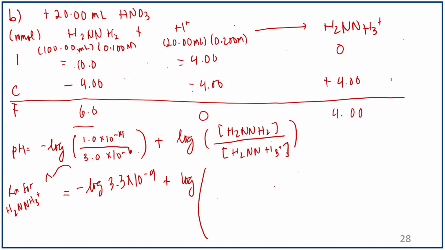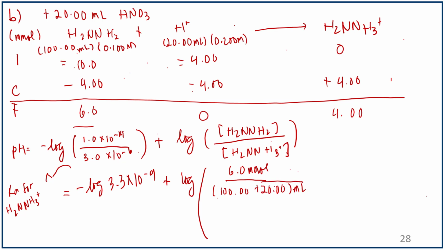So that is 6.0 millimoles divided by the total volume, which is 100 plus 20.00 ml.